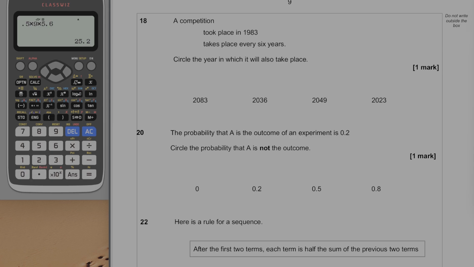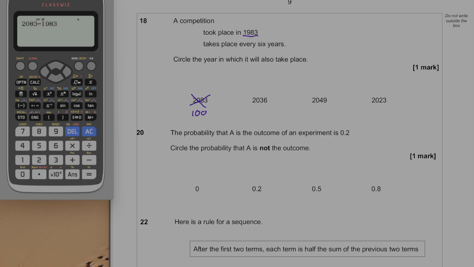So we want the difference between the years to be a multiple of 6. So I'm going to work out the difference: 2083 minus 1983. The first difference is 100, which isn't a multiple of 6, so it's not going to be that one.